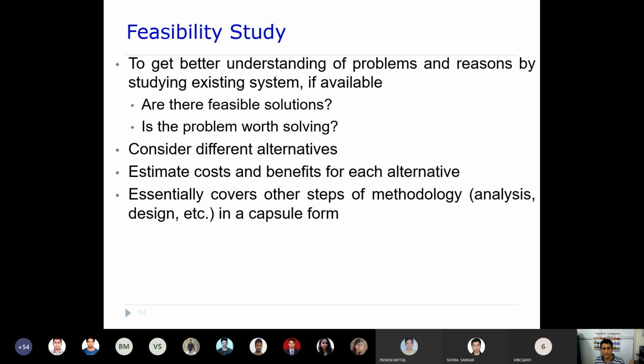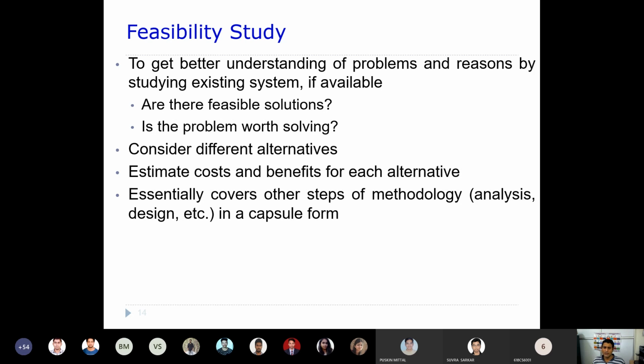Then we put ourselves some questions: whether we have some feasible solutions to the problems, and whether the problem we are going to solve is a worthy one or not. You need to consider the different alternatives to the current existing system.